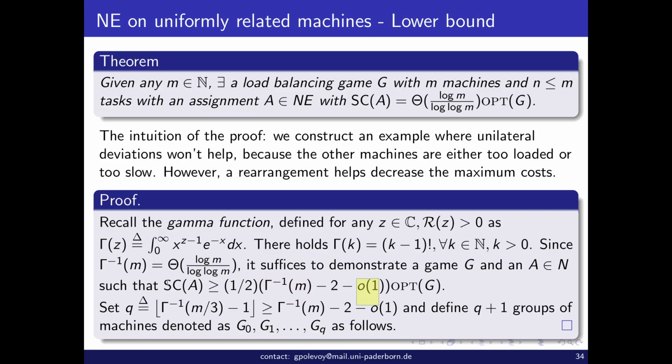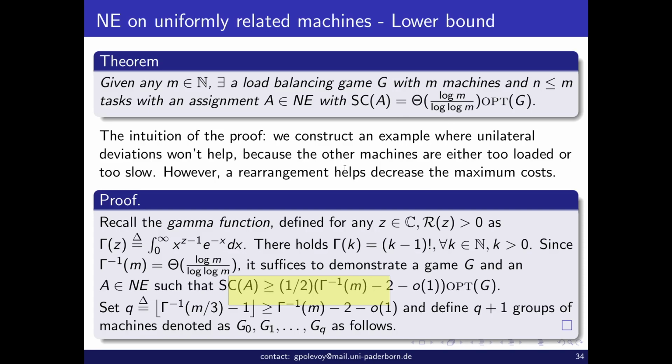Now, do you understand what this means? Why that actually suffices? If you prove that, it means that the social cost of A is bounded away by at least this factor from the optimum. Now, this factor is basically gamma inverse of m minus 2 minus something which goes to 0 when you divide it by m.